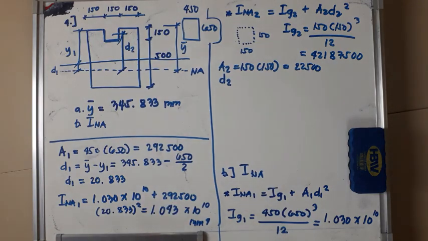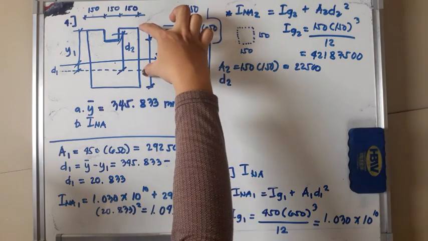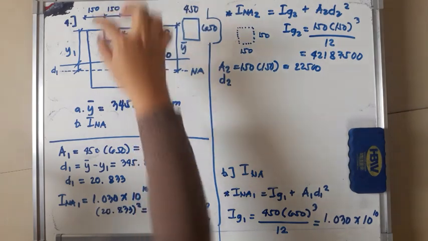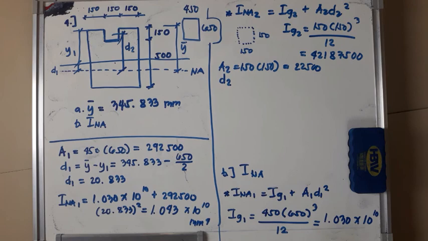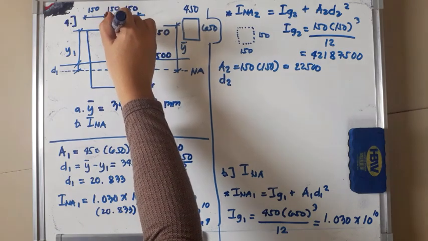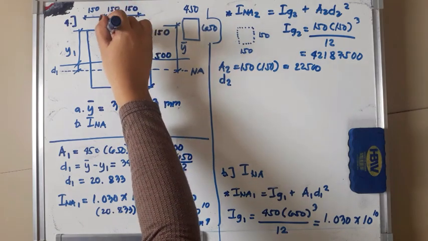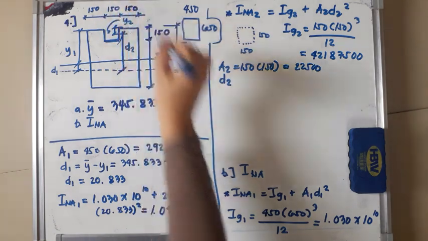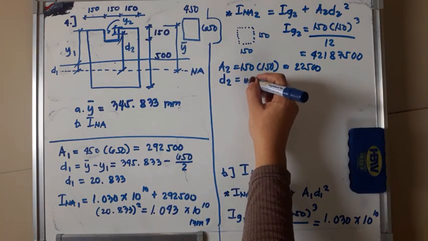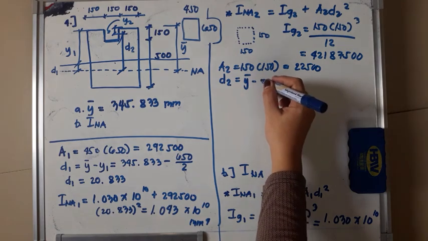So our D2 is just bar Y minus Y2. So Y2 from letter A. So this distance here, if you can recall, this is Y2. So D2 is bar Y minus Y2.